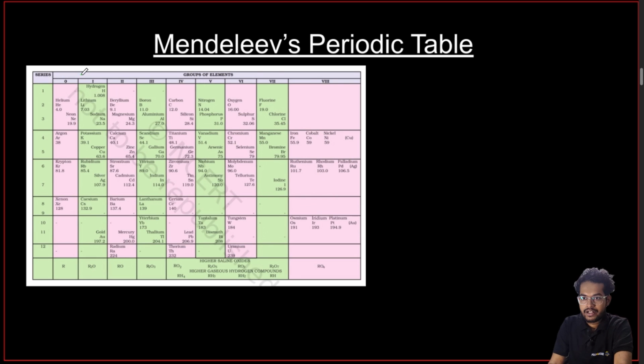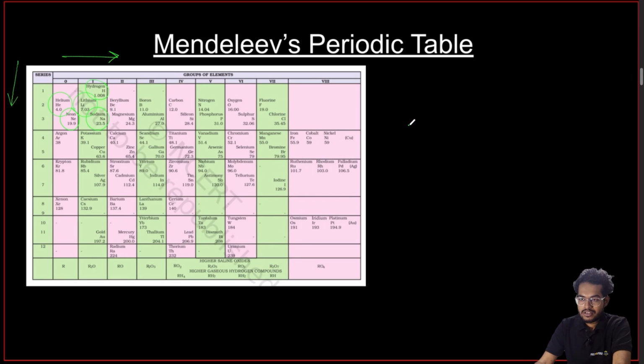He divided it into groups and series, and each group is divided into two parts. Like see, in group 0 there is helium and neon. It is divided by hydrogen. Here is lithium, here is sodium, as you got the idea.